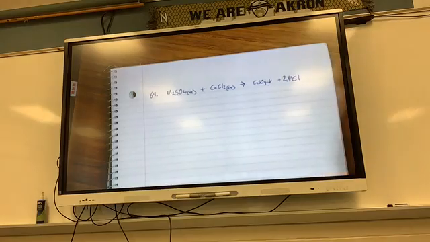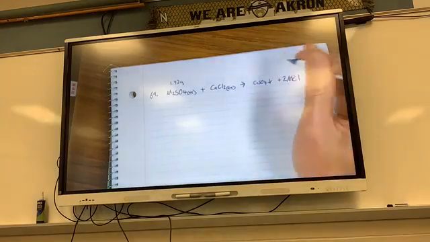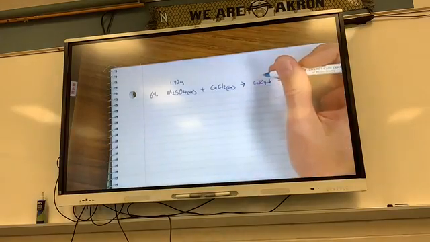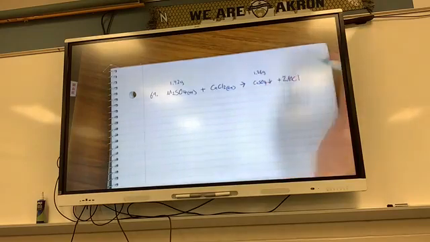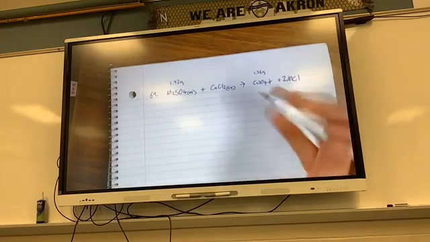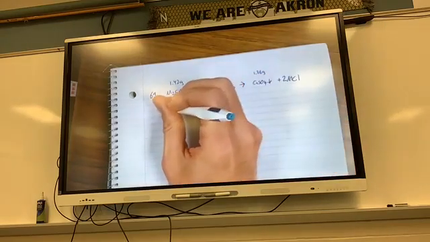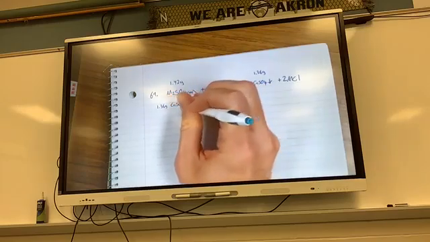So they tell me that I have 1.42 grams of this. They also tell me that I have 1.36 grams of this. Determine the atomic mass of M and identify M. This is really not too bad because they're giving me a number to start with. So I'm going to start with my 1.36 grams of CaSO4.